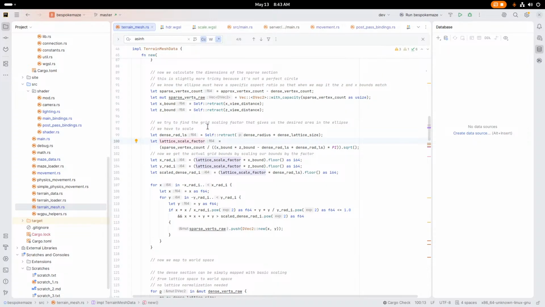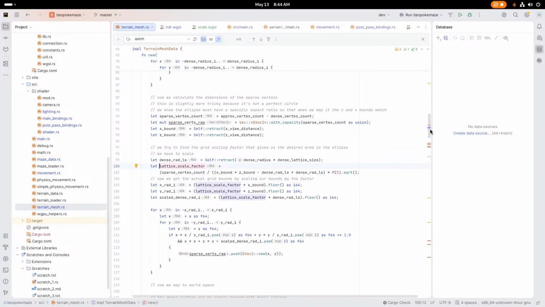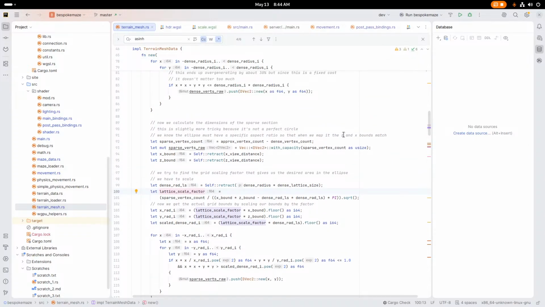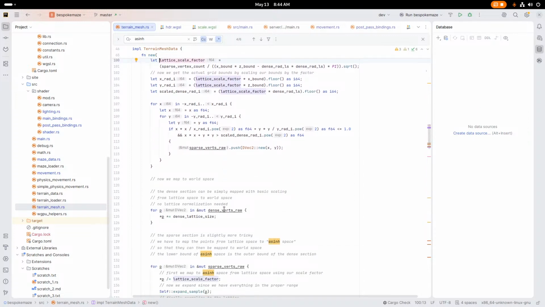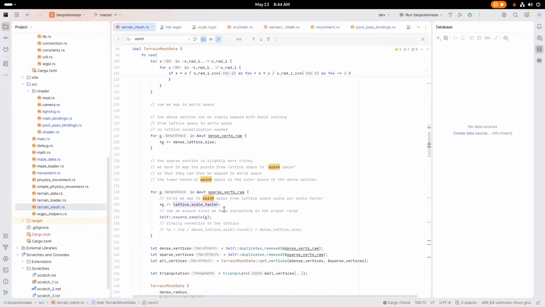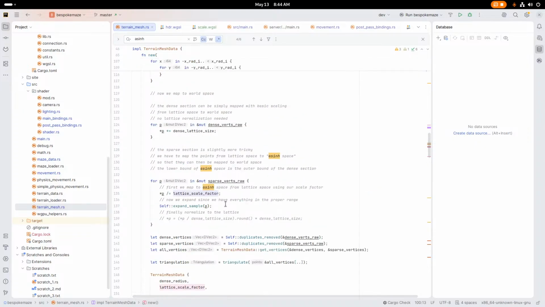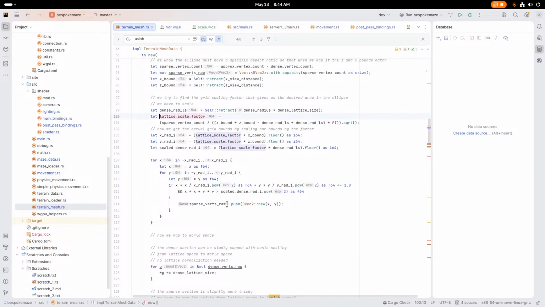I guess the lattice scale factor is actually relatively constant. Yeah, like I could make that a constant. So it is a constant. So yeah, hold on a second.